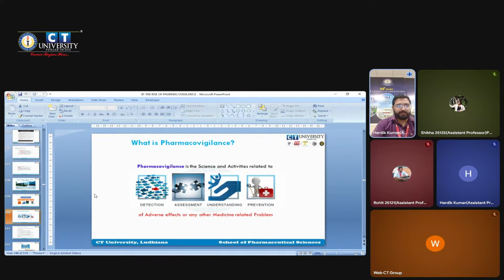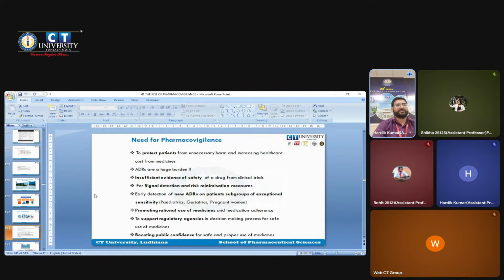We have known that. Pharmacovigilance is the science and activities related to the detection, assessment, understanding, and prevention of adverse effects or any other medicine-related problems. Why the need for pharmacovigilance? To protect patients from unnecessary harm and increasing healthcare cost from medicine. ADRs are a huge burden.